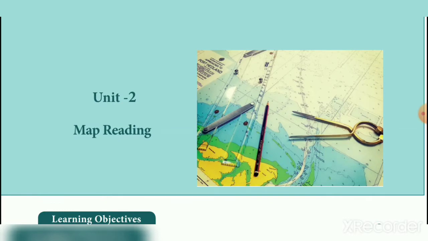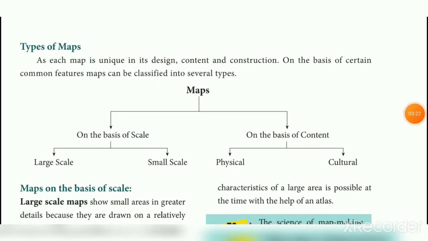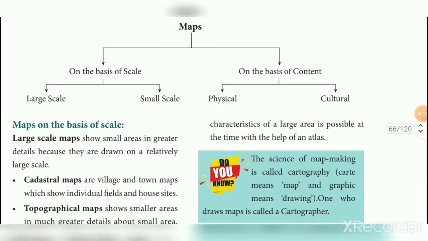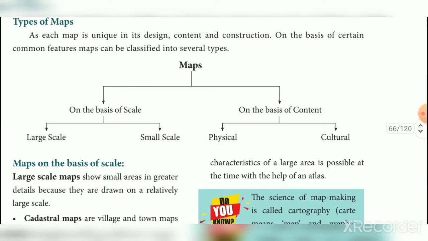Students, we are studying Geography Unit 2, Map Reading. In our previous class, we learned the meaning of map and the types of maps. Maps are divided on the basis of scale into large scale maps and small scale maps.